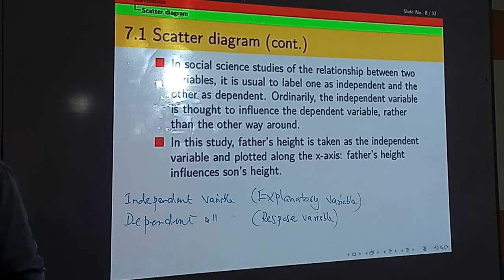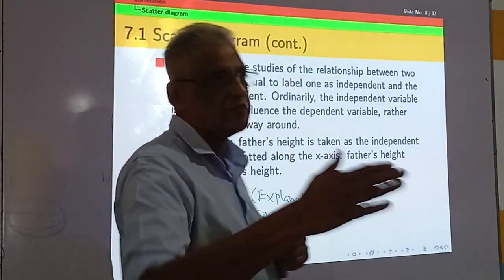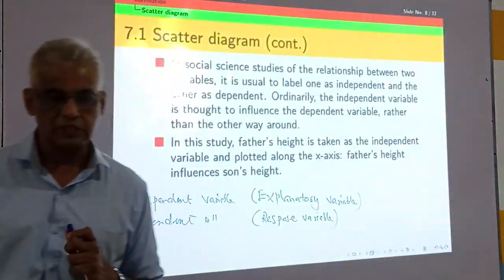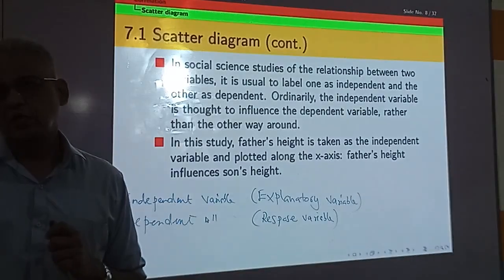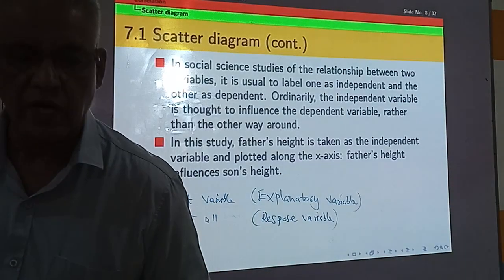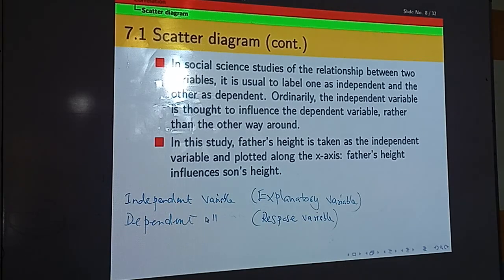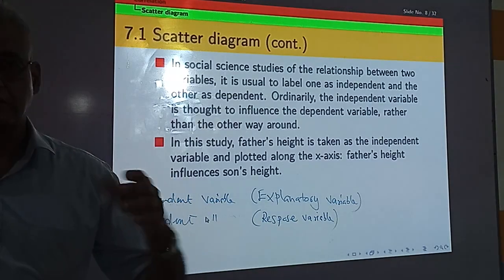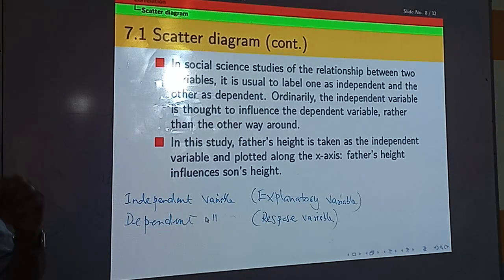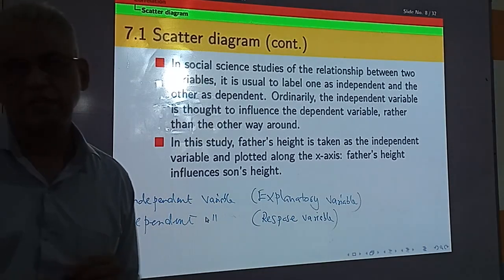You want to be able to predict one variable when you know the value of the other variable. For example, if you are finding the relationship between height and weight of adult males, first of all you want to see what kind of relationship, whether you can get some mathematical equation for the relationship between height and weight and so on.